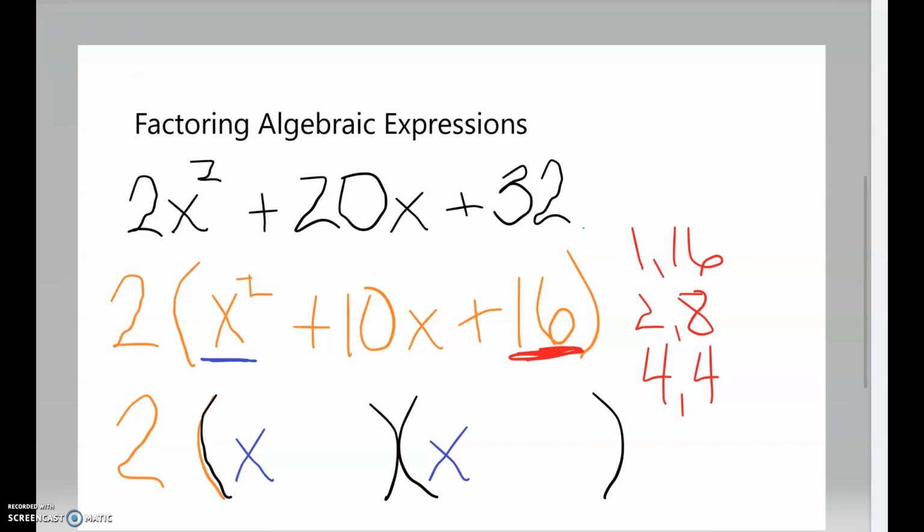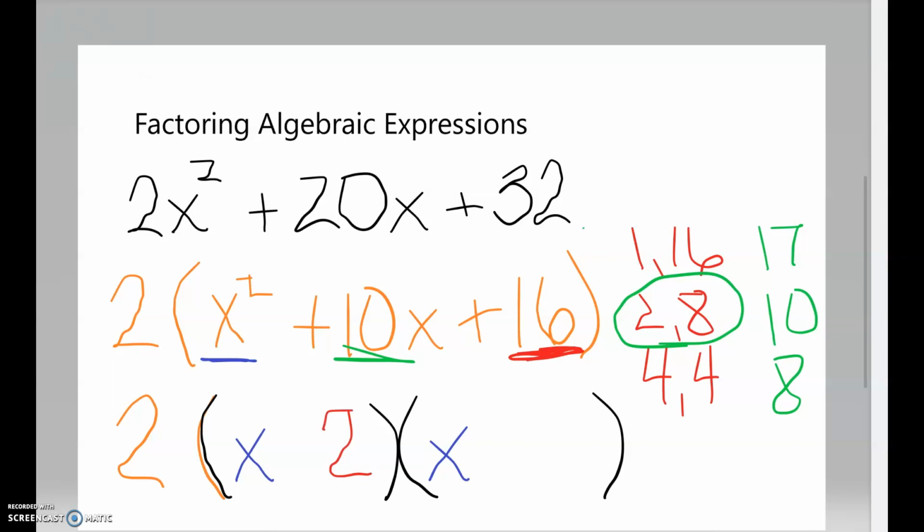And I want them to add up to 10. So let's add these up: 17, 10, and 8. The pair that fits what I'm looking for is the 2 and 8. So I place the 2 and the 8 in the last parts of the binomial.